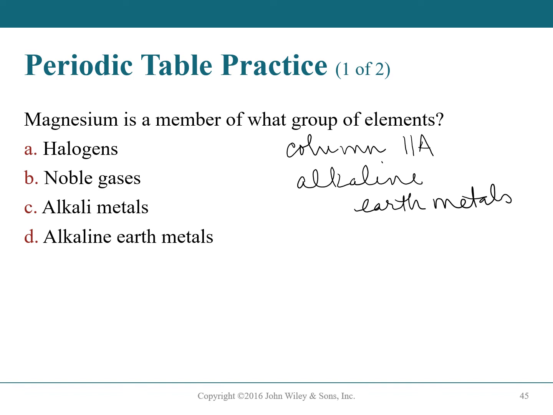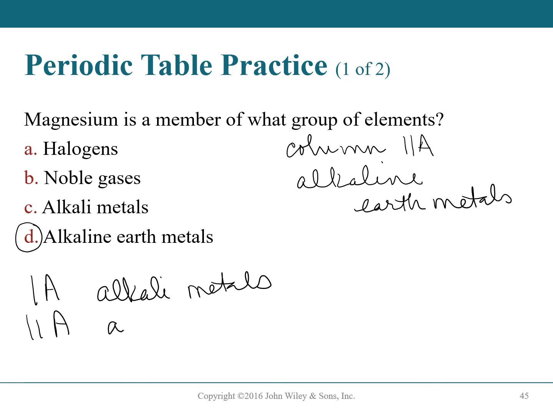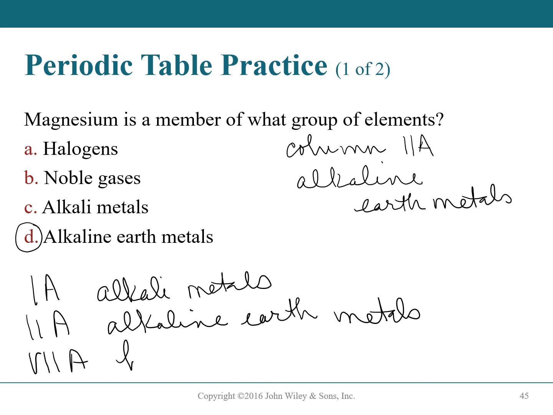Okay, so you should know the names for the families: 1A, which are your alkali metals, 2A, your alkaline earth, 7A, your halogens, and 8A, your noble gases.